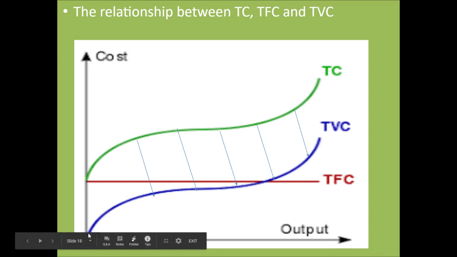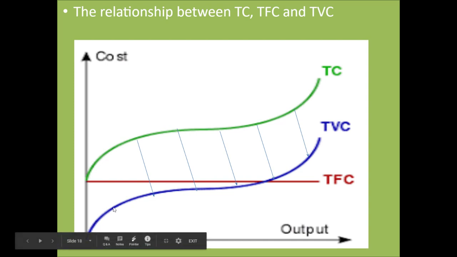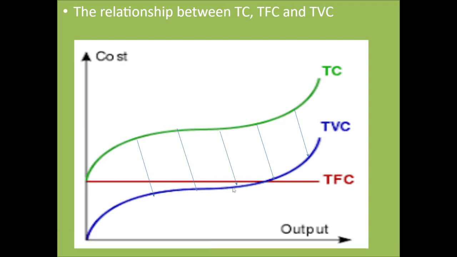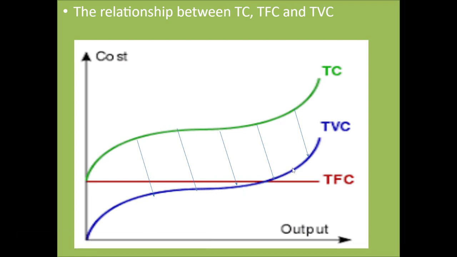Therefore, it starts at the origin, and as the output increases, it keeps on increasing. You can see that this TVC curve is of inverse S shape, meaning that the TVC curve first increases at a diminishing rate, then it starts increasing at an increasing rate.